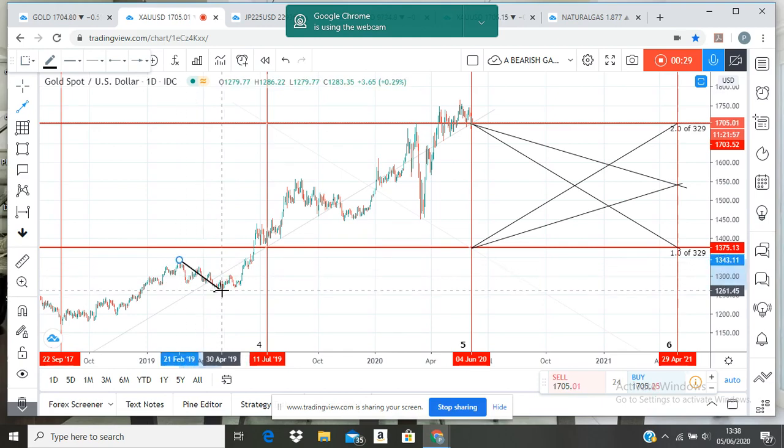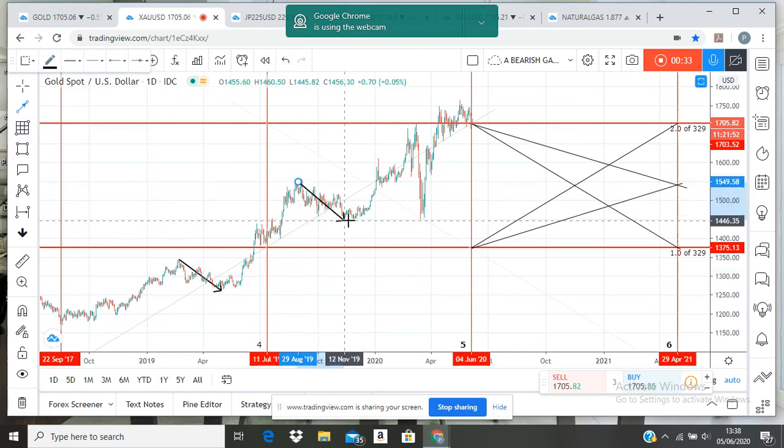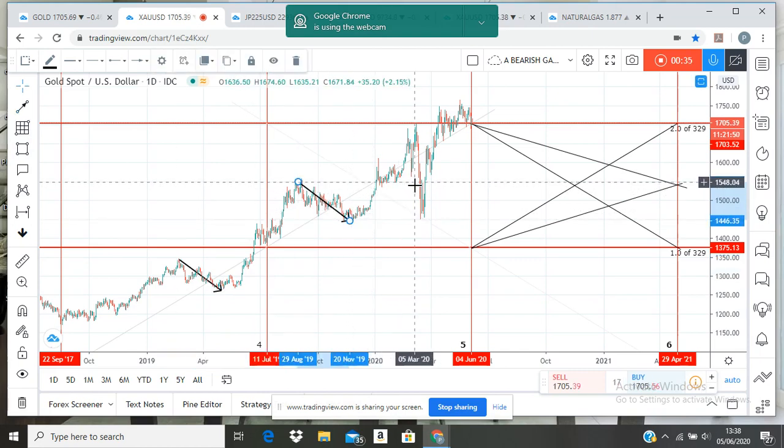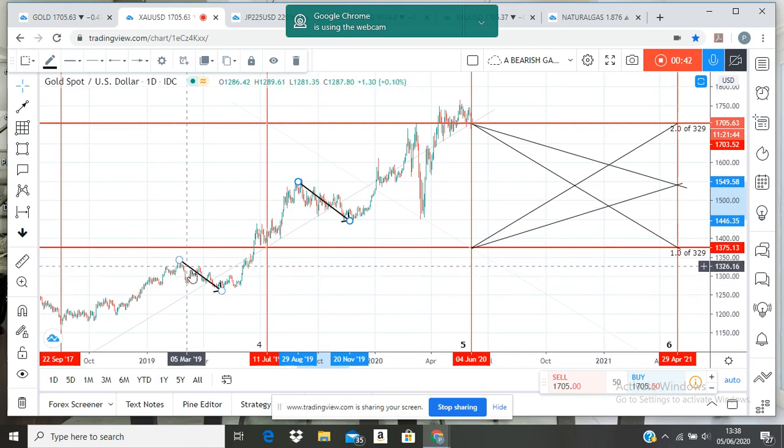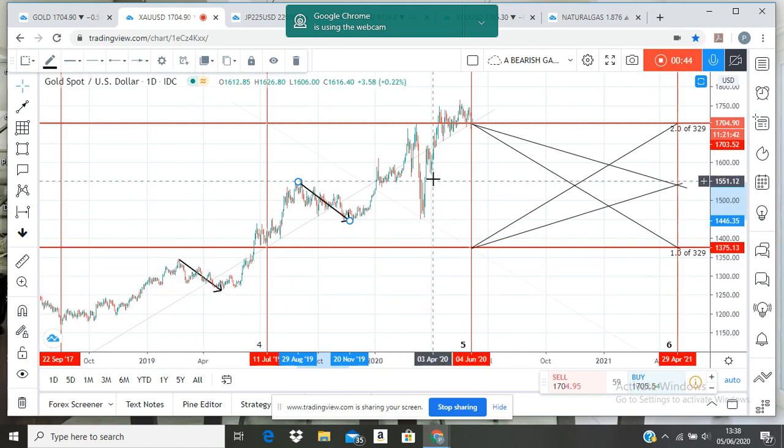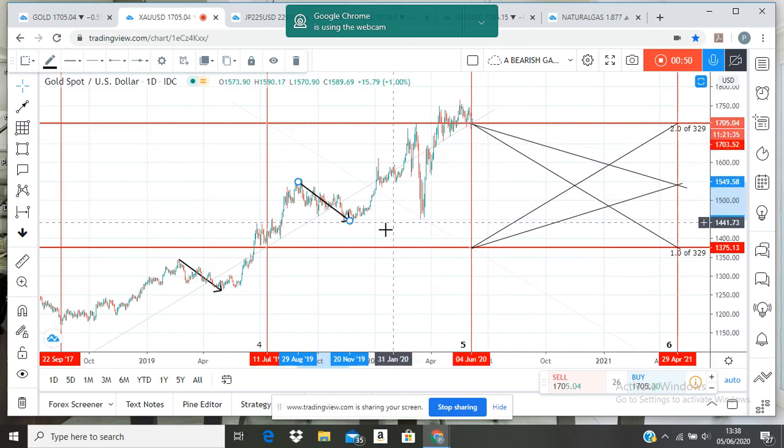We would use this correction range here, and then also we'll use this correction range here. We will discuss these two correction ranges, but I would want to use these two to illustrate first. Then we will discuss how we can use these two corrections to time the market forward.